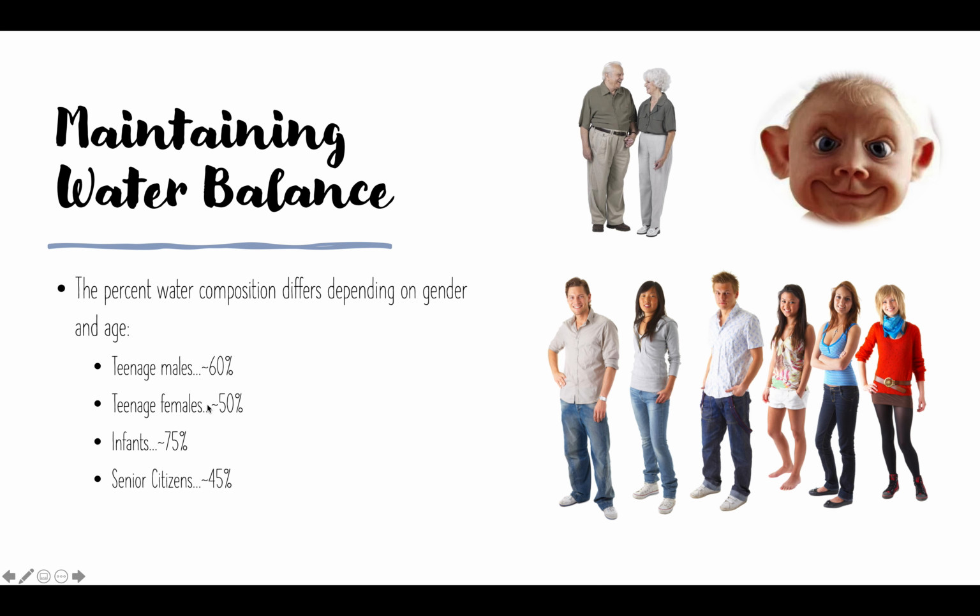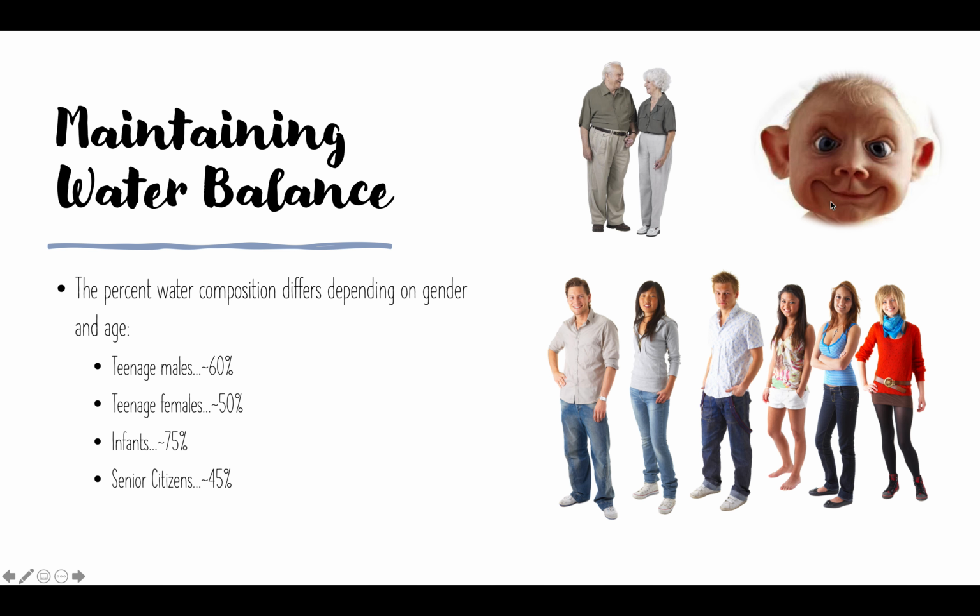Females have bigger breasts, and there's a lot of fat tissue in those breasts, so obviously that's going to bring the body percentage down. But teenage boys also, because they have so much more testosterone, can put on muscle a lot more easily, and so tend to have higher muscle mass. And muscle is made mostly of water. So that's one of the reasons for the differences.